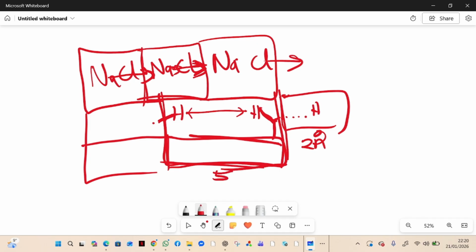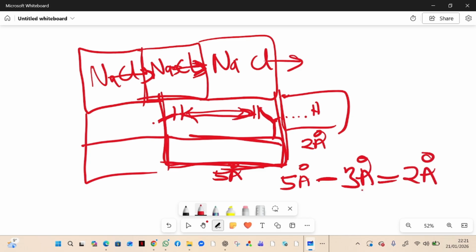So let's say if it was 5 angstrom being the dimension of your cell, you take 5 angstrom minus the distance between them. And if this one is 3 angstrom, that will give you 2 angstrom. That's the actual distance between the two particles.